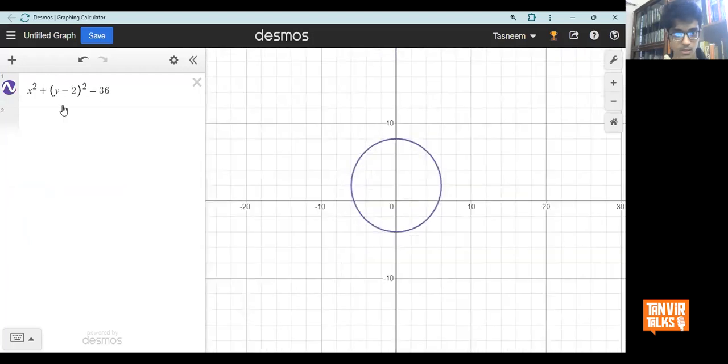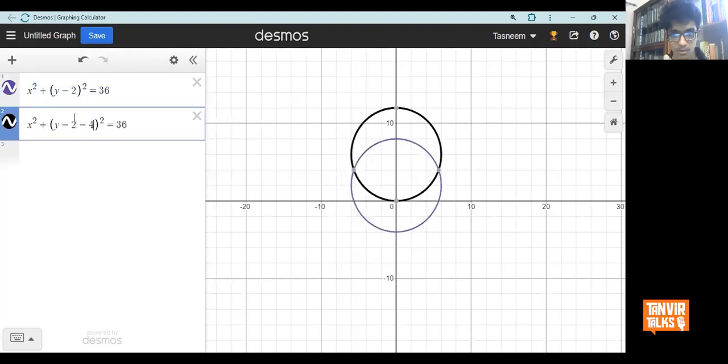That's the original equation. Okay, so let's just copy the entire thing and minus 4. Sorry, I have made a little mistake. So what we have to do, we have to basically plus.